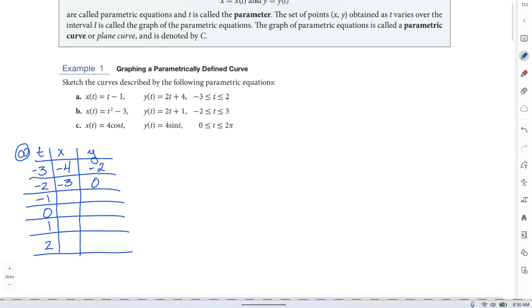When I plug in -1, -1 minus 1 is -2. 2 times -1 plus 4 is +2. 0, when I plug it in, is going to give me -1 and 4. When I plug in 1, 1 minus 1 is 0, and then 2 times 1 plus 4 is 6. And then when I plug in 2, 2 minus 1 is 1, and then 2 times 2 plus 4 is 8.